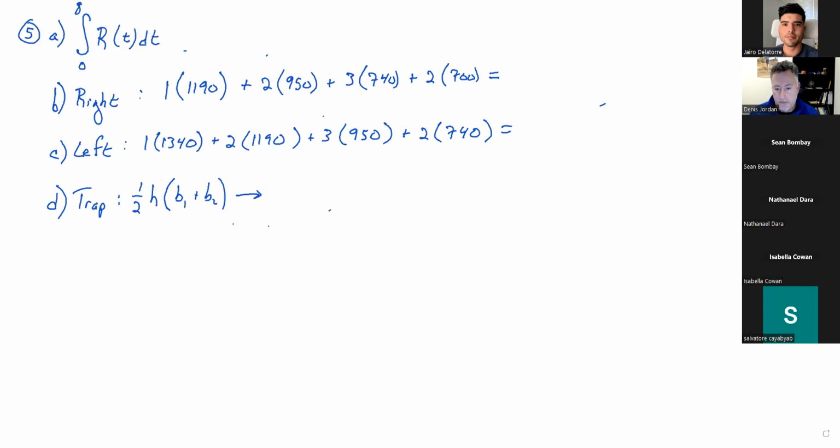Okay, so you're still using that same table. Your first trapezoid is going from 0 to 1. For trapezoids, the height is actually the horizontal distance and the vertical values are the bases. So from 0 to 1, your height is going to equal 1.